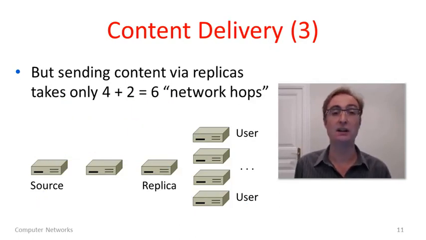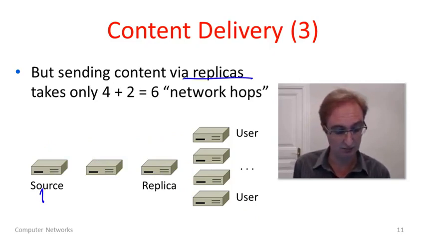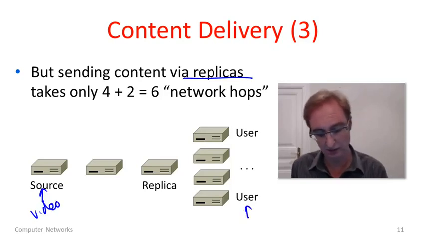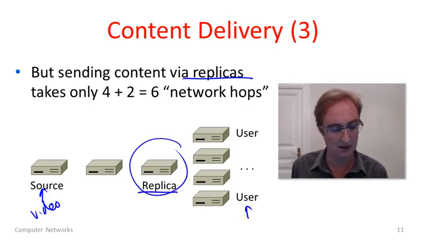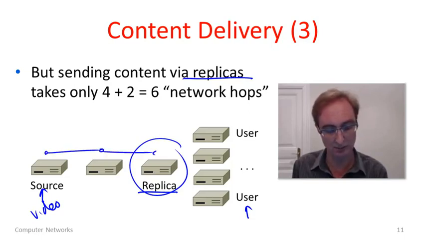Well, now let's send the content via these replicas. Here's a replica node. The source is the same node, where the video starts off. The users are over here on the right, but we've also added this replica node right here. So the way we're now going to send the same video to all of these users is to send it from the source once to the replica that's nearby, and then from the replica, which is deliberately placed close to the users, we'll send a copy to each of the users.